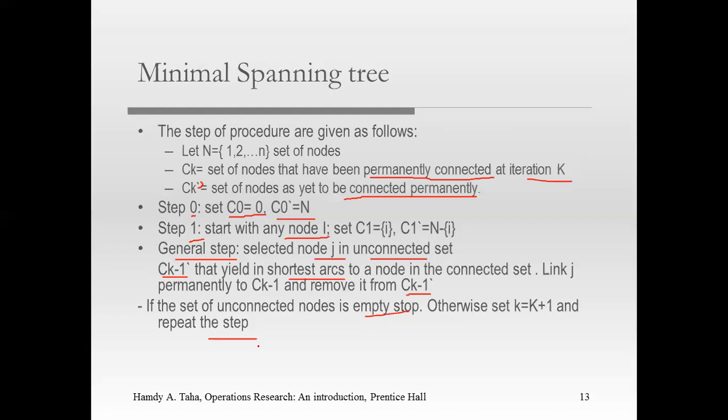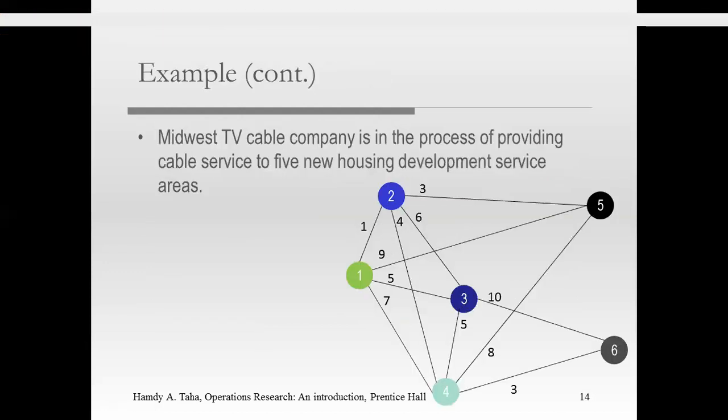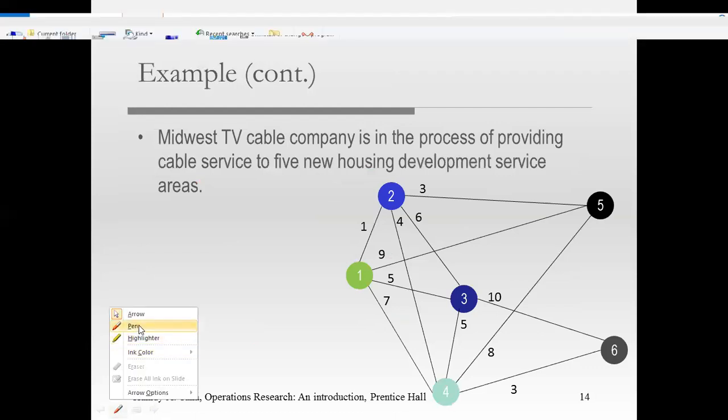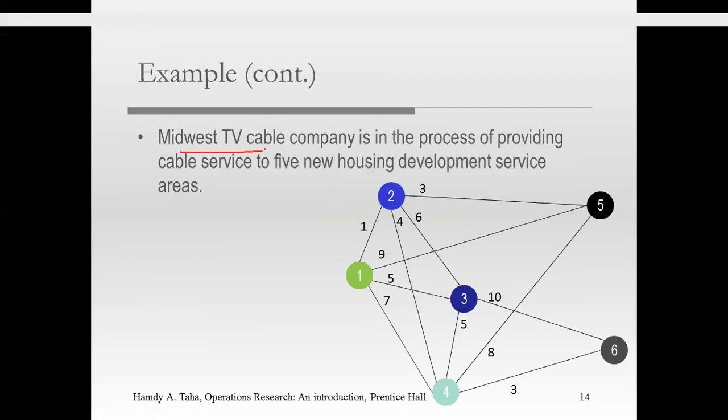Okay, let me explain with an example. This is the situation of the minimal spanning tree problem. Here, a TV cable company wants to connect cable service to 5 new housing development service areas. You can see here the network figure from 1 to 2 to 5.